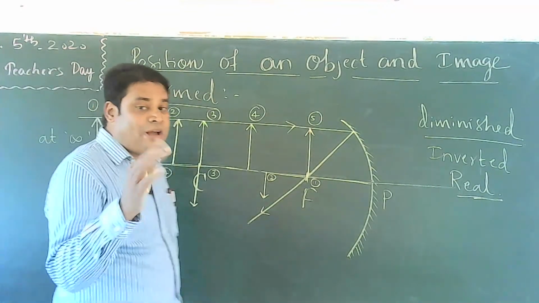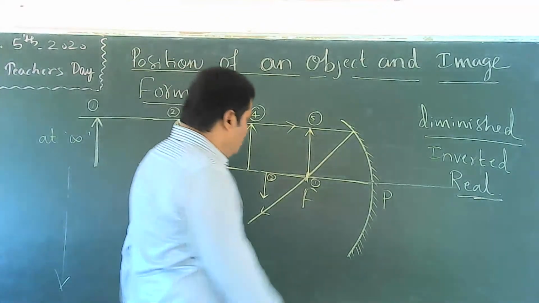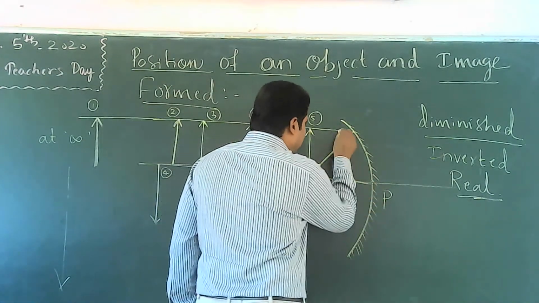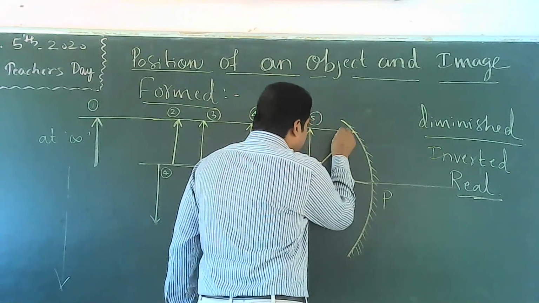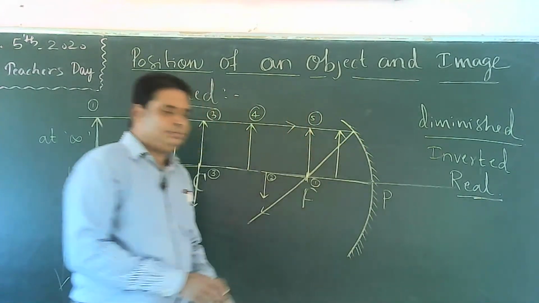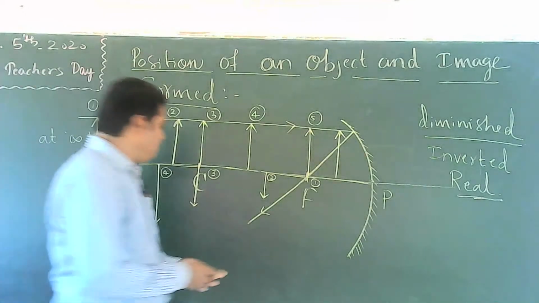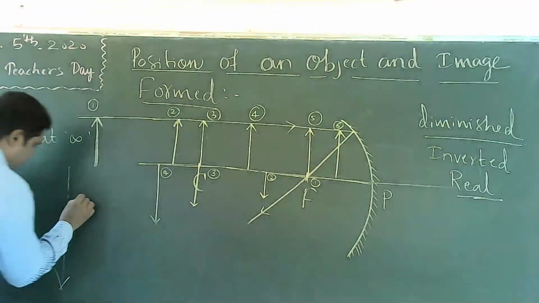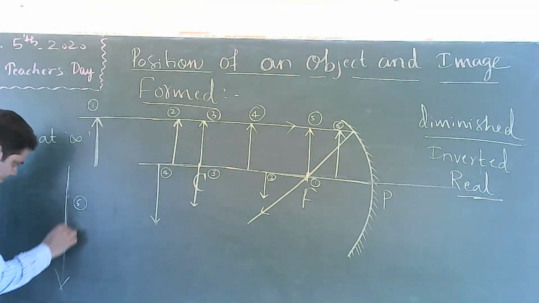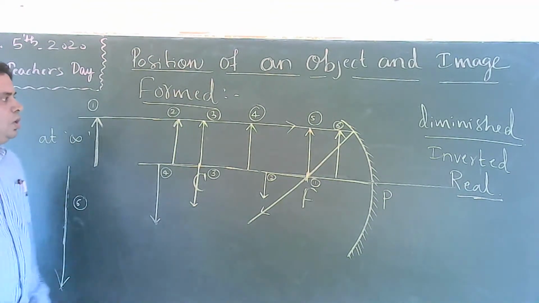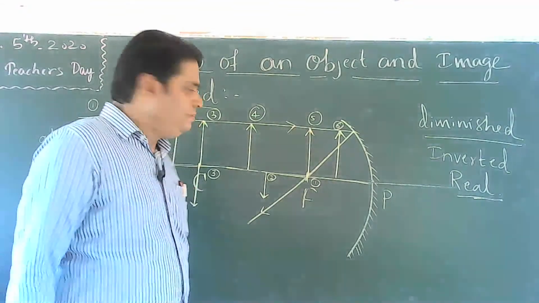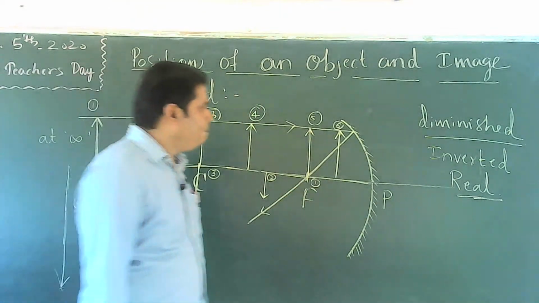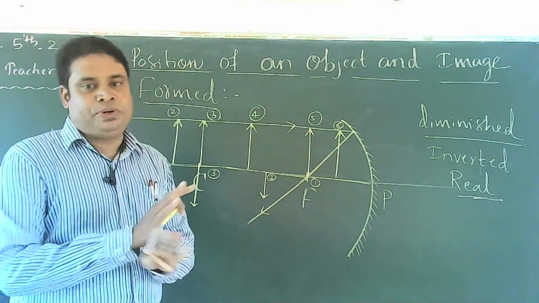Forgetting, there is some last position. When the object is placed between F and P, say position number 6, no real image is produced.